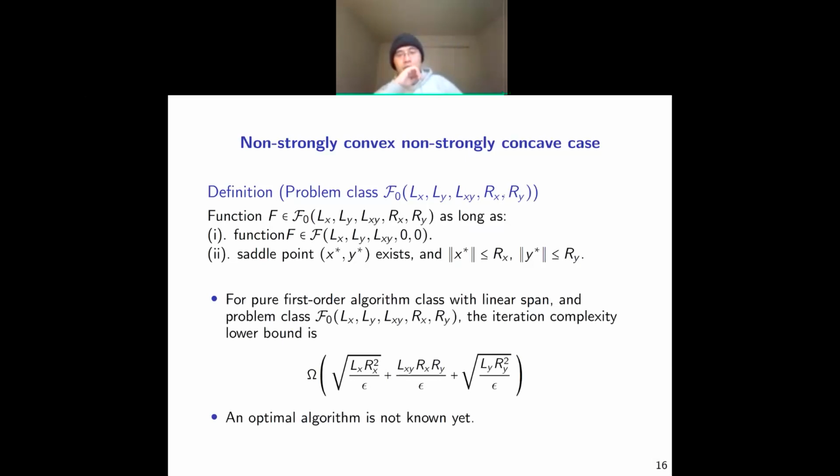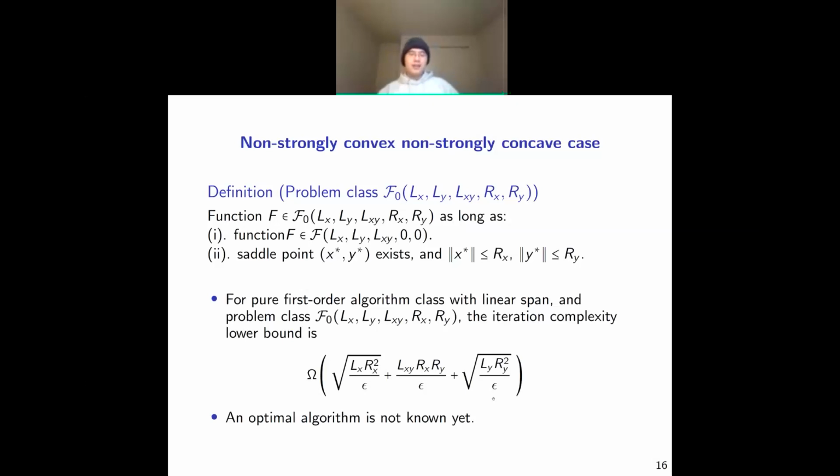So in this case, we still consider our previous pure first order algorithm class, just using the gradients with linear span, and then we're also considering the problem class of this guy. Then we will have an iteration complexity lower bound as this one. Just like the previous case, an optimal algorithm is also not known.